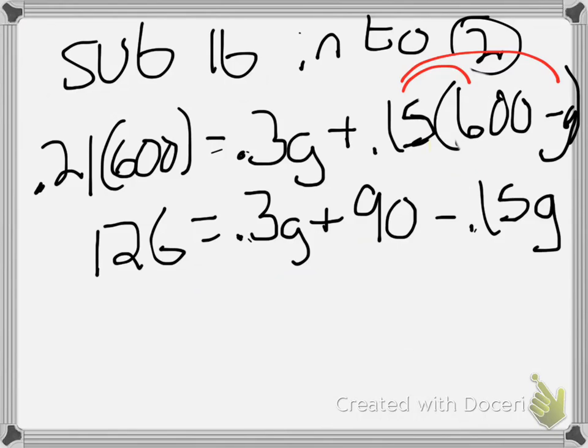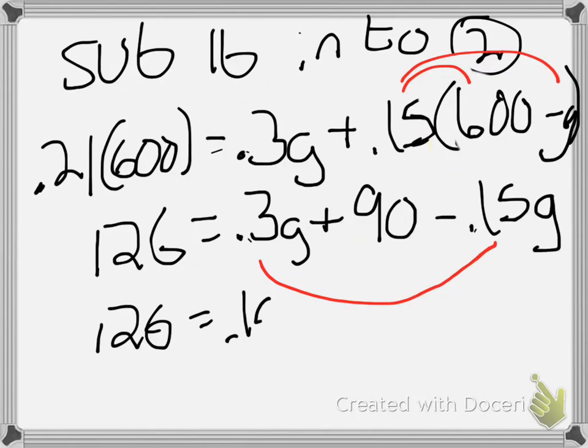Then you just do, where are we now? 0.3G minus 0.15G, which then turns to 126 equals 0.15G plus 90.